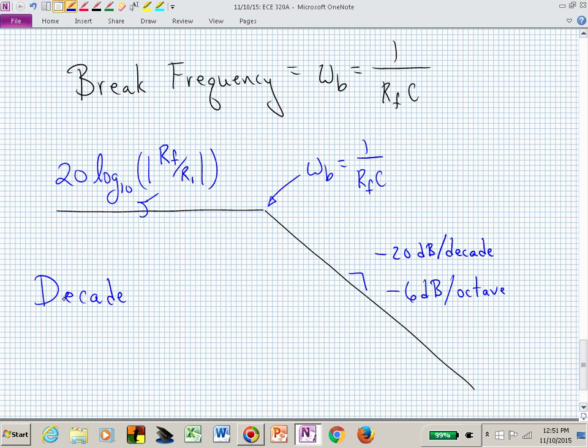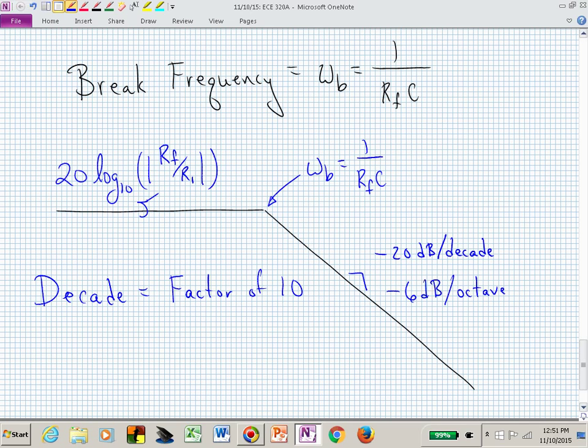What's a decade? 10 years, right? But in this context, that means a factor of 10. If that break frequency was, let's say, 3 radians per second, then a decade higher than 3 would be 10 times 3, or 30.